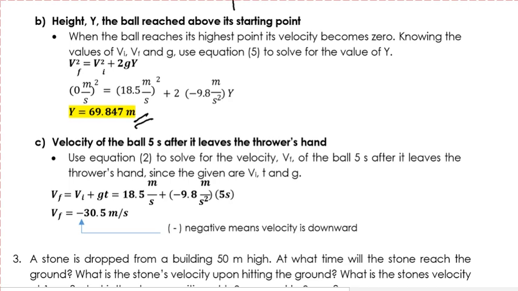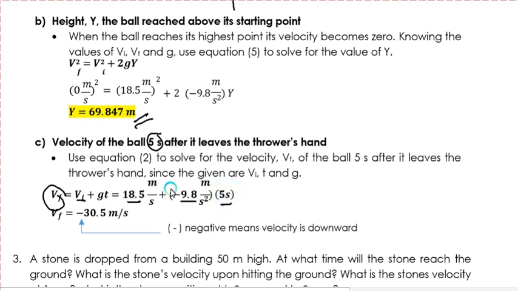Next, we have to solve for the velocity of the ball 5 seconds after it leaves the thrower's hand. So, use the equation to solve for the velocity. What is given to us is the time, and the initial velocity that we already solved. The acceleration is also given. So what we are looking for is the final velocity. So, the initial is 18.5 that we solved, gravity which is negative 9.8 meters per second squared, and the time which is equal to 5 seconds.